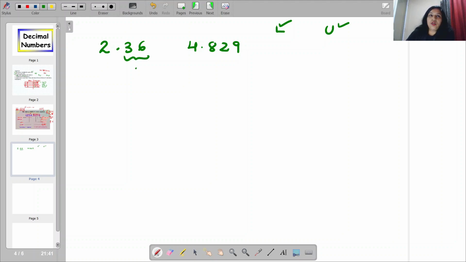We have two digits here. Here we have three digits. So are they like or unlike? They are unlike. If I say this is 4.23 and this is 9.62, two digits here and two digits here, equal number of digits. Like or unlike?